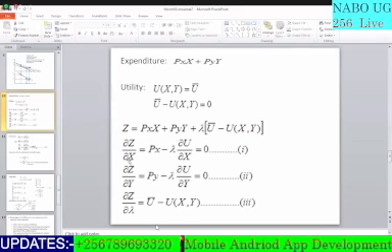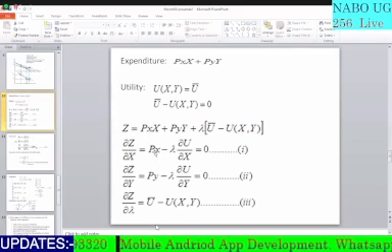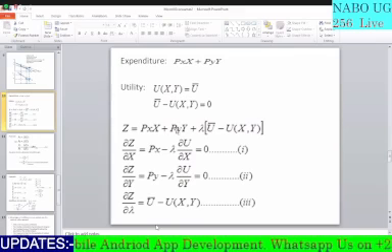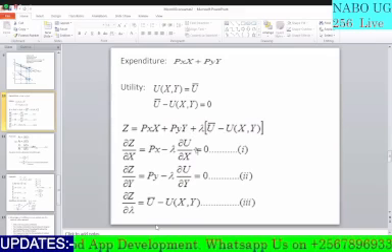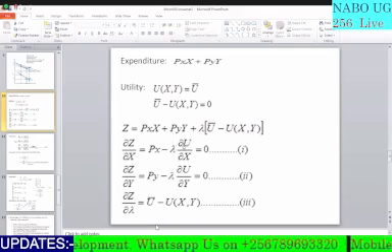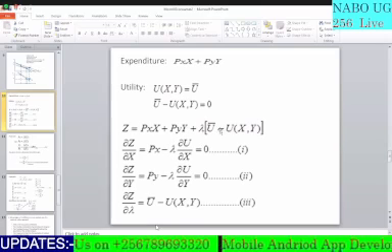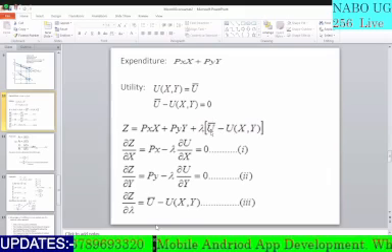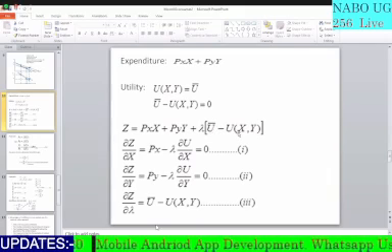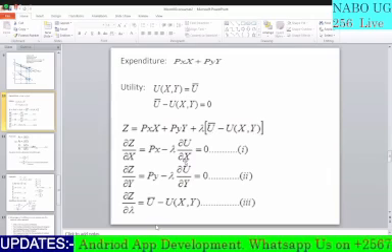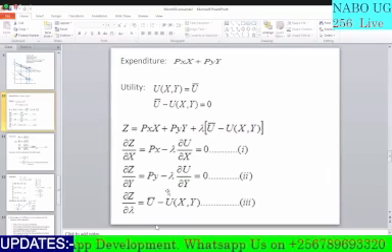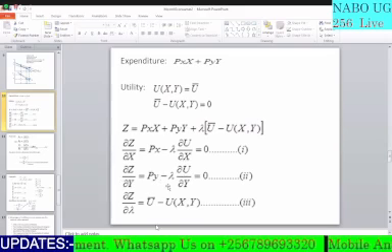So for dZ/dx, here we have Px, because here it is a 0. When we go to this side, we have lambda dU/dx, because here we have x and y. Of course, in U bar there is no x, so assume it is a 0. The same applies to dZ/dy.